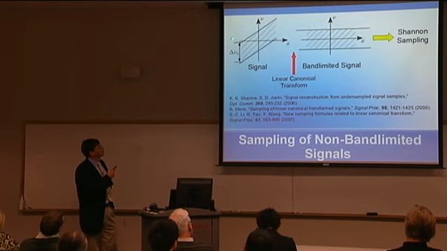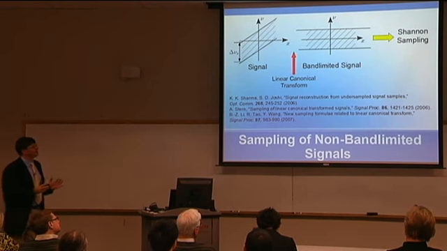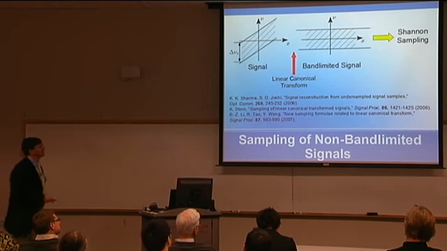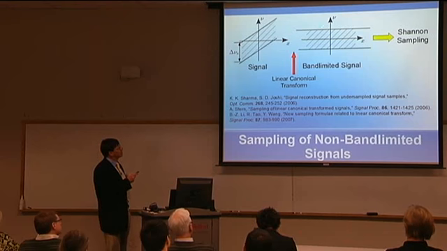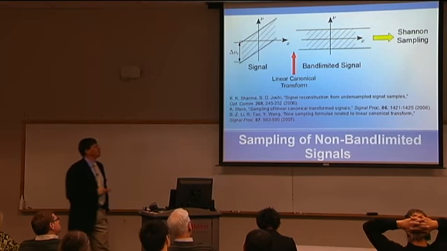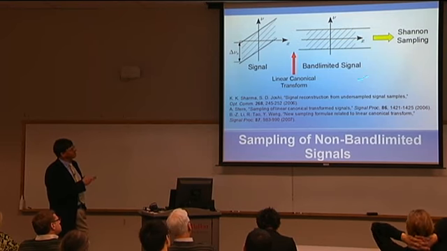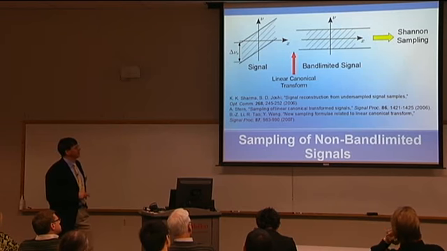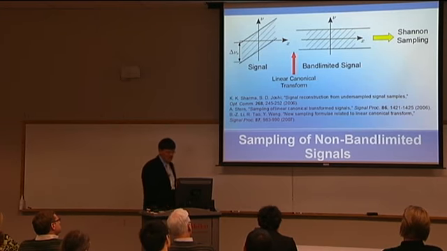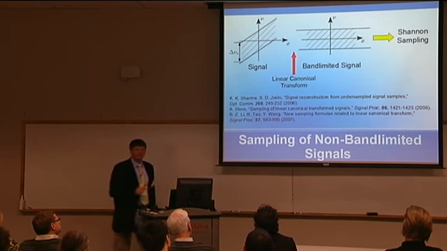And that always works if the phase space of that signal is constrained to some diagonal in phase space. Then we can always transform this back in one way or the other and then apply our standard sampling.